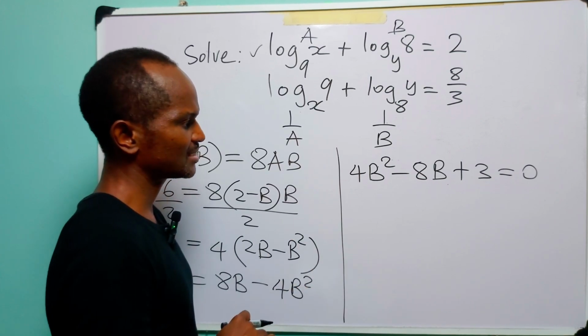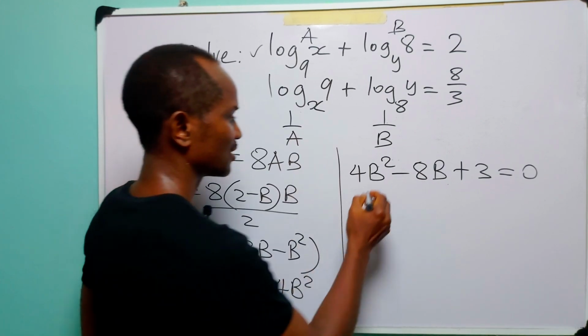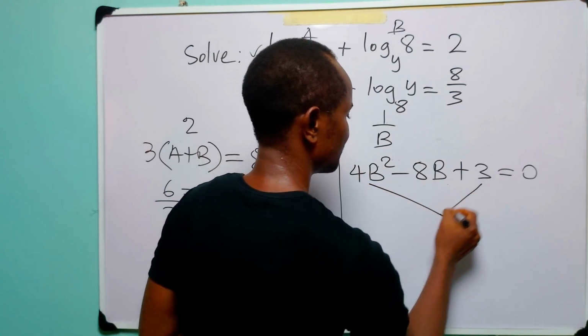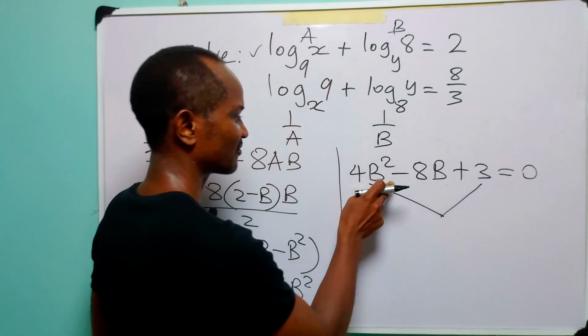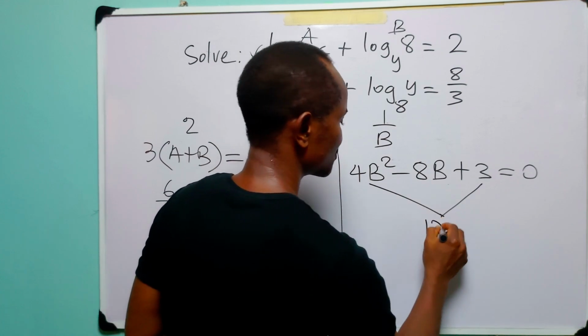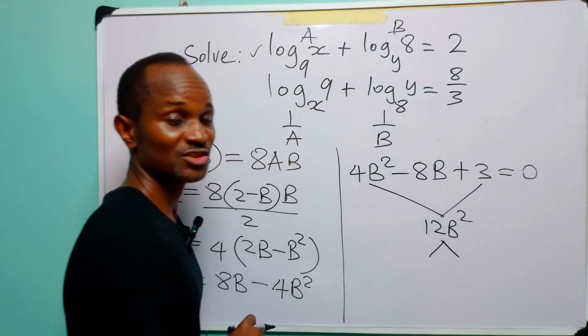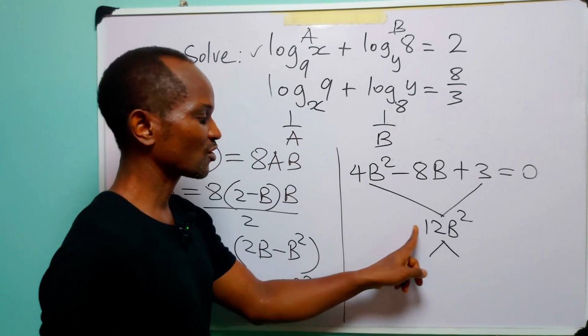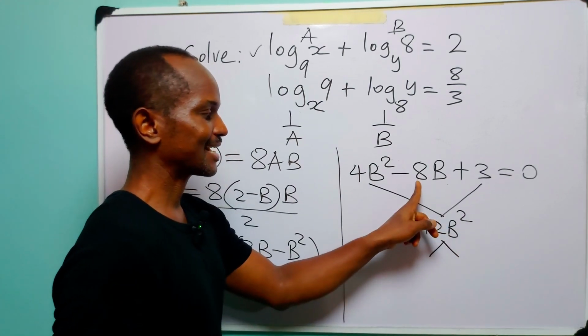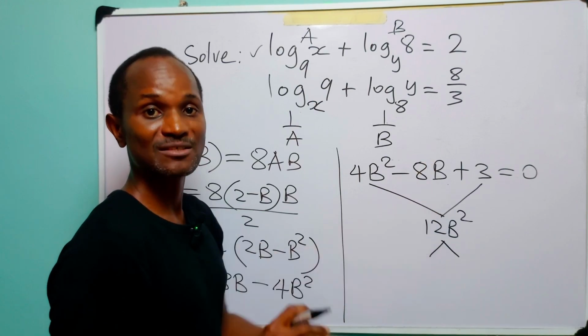And we can factorize this equation. How do we do that? We simply multiply this term by this term. 3 times 4b squared is going to give us 12b squared. Now we ask ourselves the question, what are the factors of 12b squared that will add up to minus 8b?